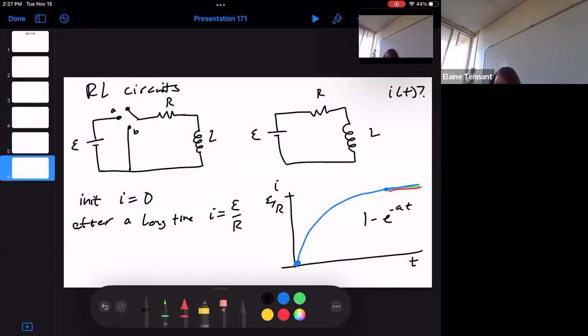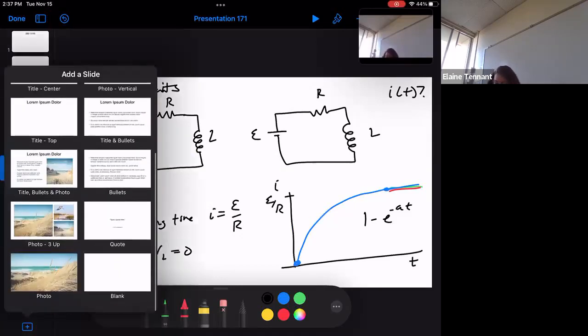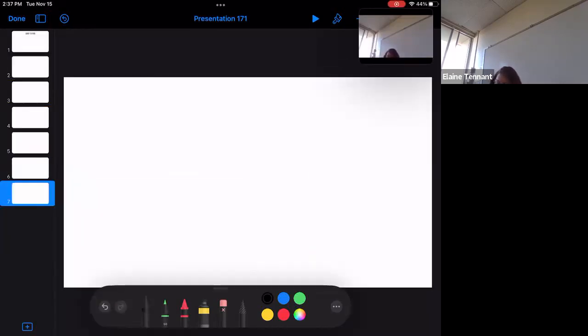So we're starting at this point, where the voltage across the resistor is just IR, and the voltage across the inductor is L di/dt, just by definition. That was the definition of our inductance.